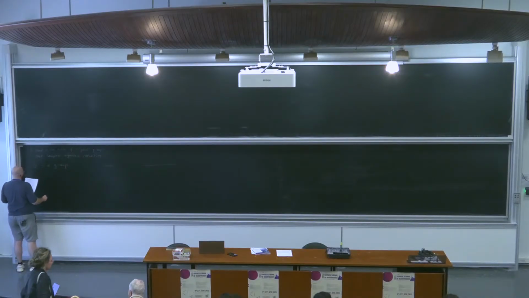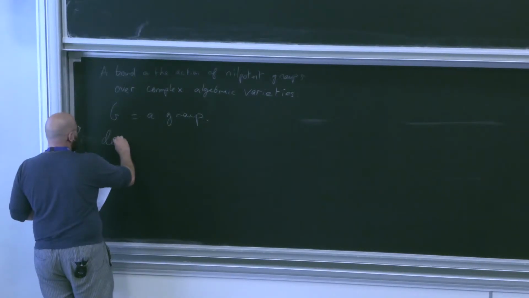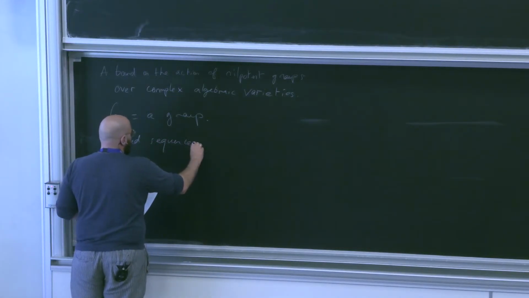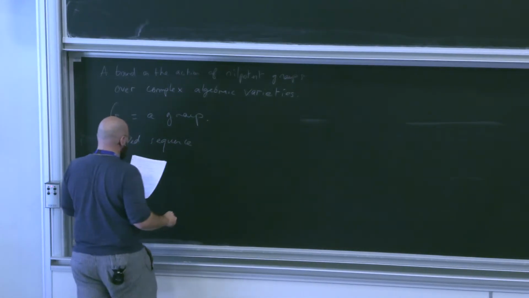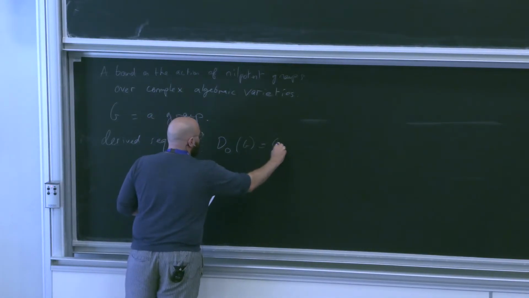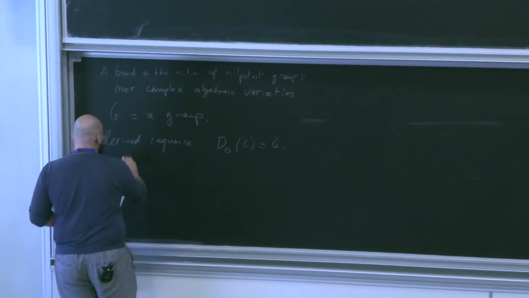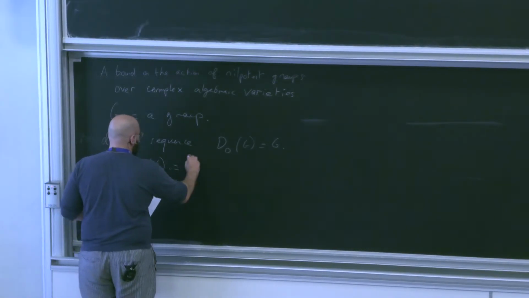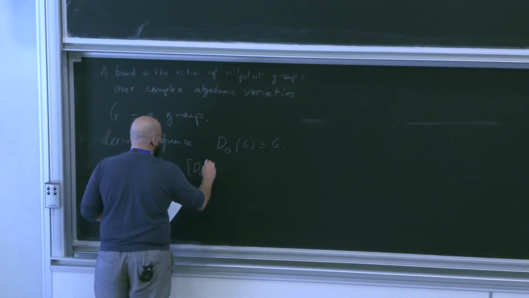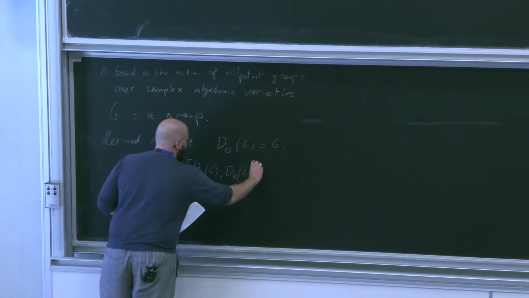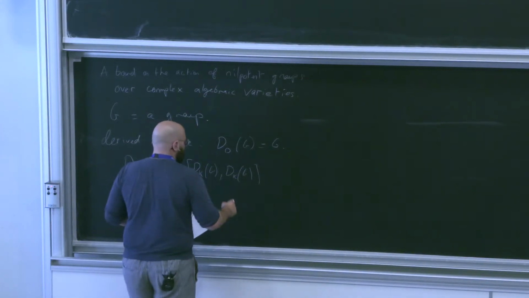Okay, and I can define the derived sequence of G as follows. So define D0 of G to be G, and then D(k+1) of G is defined as the commutator of Dk of G with itself, where this is my notation.